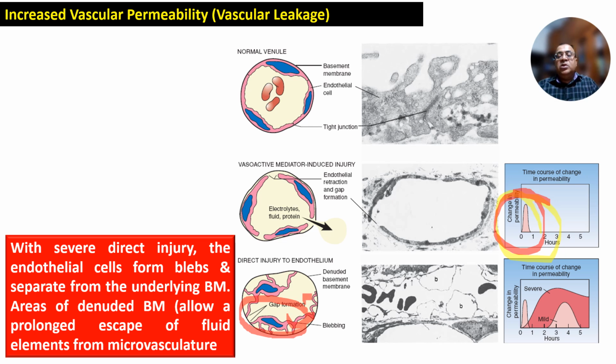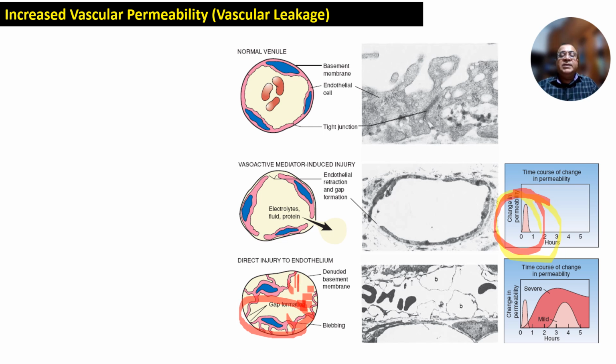There is no cell above this basement membrane, empty basement membrane without any cells, and they allow prolonged and rapid flow or migration of cells and fluid out of the vascular compartment. And obviously, as there is extensive damage and this damage has taken away the endothelium also, it is a prolonged response. This covers a long time.